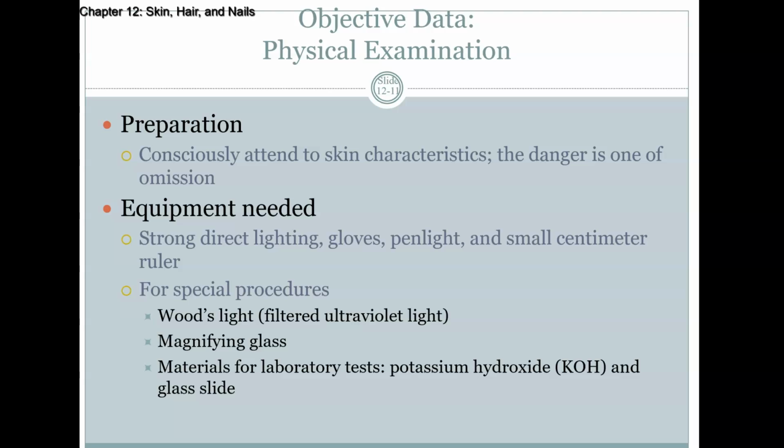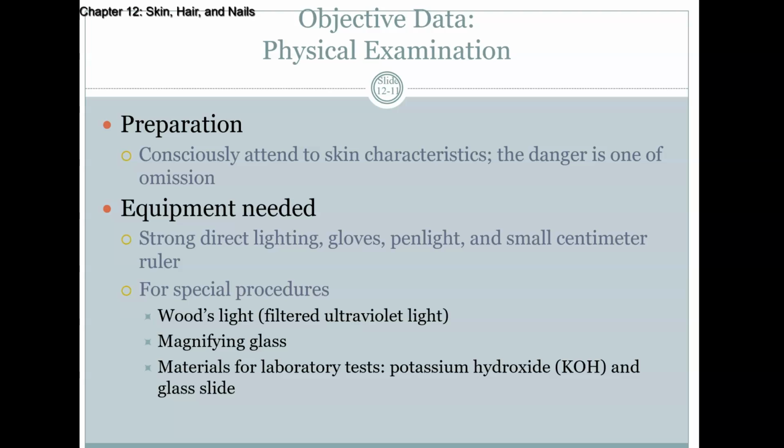For special procedures, you may also have what they call a Wood's light. Wood's lights are filtered ultraviolet lights, and what it does is it may pick up a fungus or infection, or a ringworm, because when you shine it on that part of the skin, it turns a fluorescent blue-green under the light. Then you have magnifying glasses, and materials for laboratory tests.